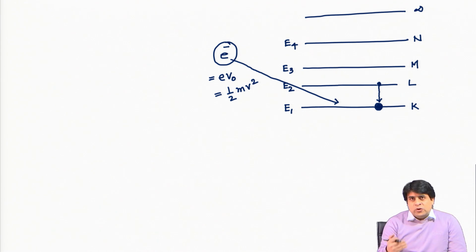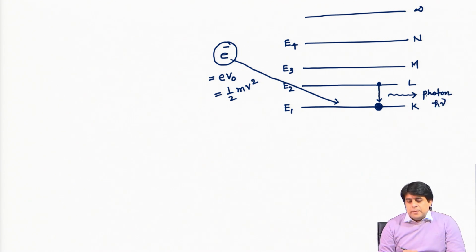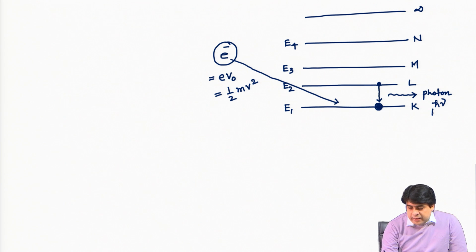This difference will be released in the form of a photon, which will be h nu, and this particular photon will be called K alpha.